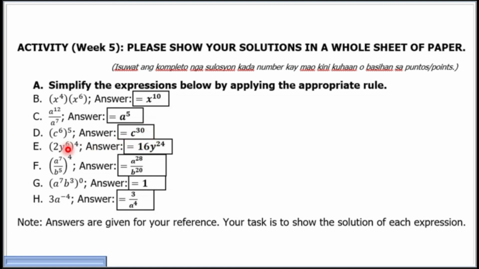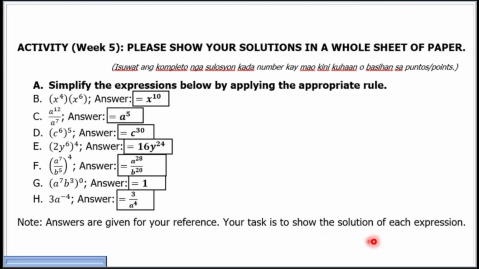And E, number 5, how did we get the result 16y raised to the power of 24, and so on. Note, answers are given for your reference. This is what you need to work on to get the solution. You need to solve and write the solution completely.